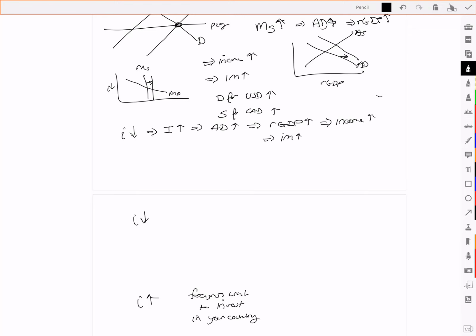So if interest rates are higher in Canada than they are in the US, then American investors will start buying stocks and bonds and mutual funds of Canadian companies. Okay? Well, if foreigners want to invest in your country, then what do they need to do that? They need Canadian dollars.